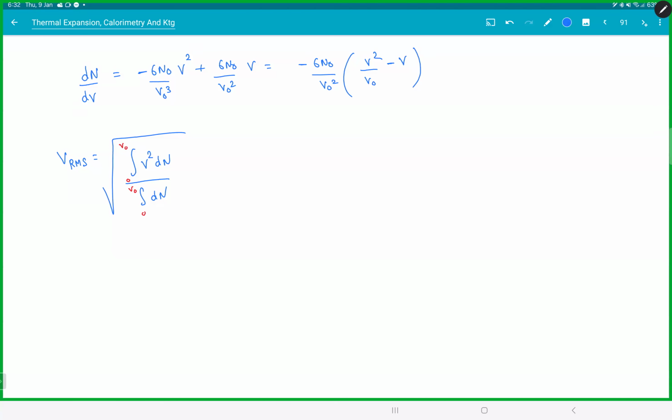V naught. That means you're saying the highest speed is the RMS speed. So all the molecules possess V naught speed.